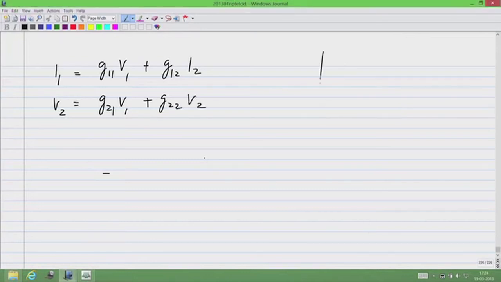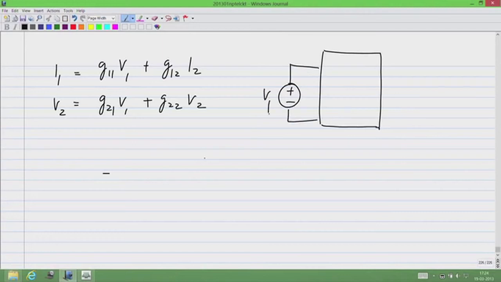And in this case, we think of a voltage being applied here, and a current being applied to port 2. Okay, and we measure current I1 and voltage V2.